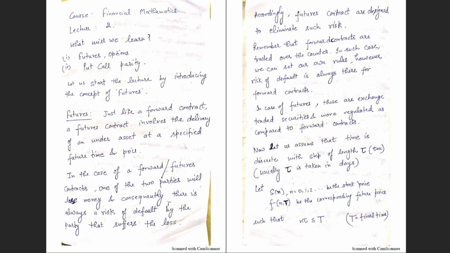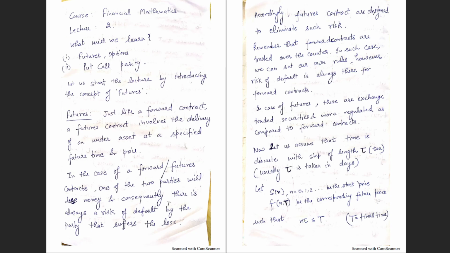On the first page of lecture 2 you can see the definition. Just like a forward contract, a futures contract involves the delivery of an asset at a specified time and price. The same as in a forward, there are two parties and they agree to buy or sell an asset at a specified time and price.